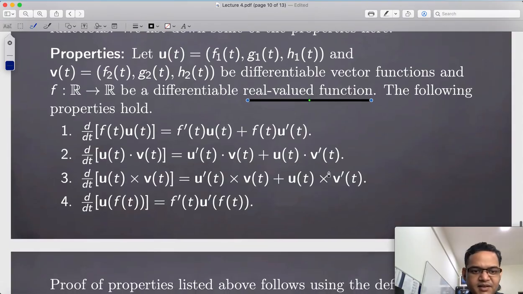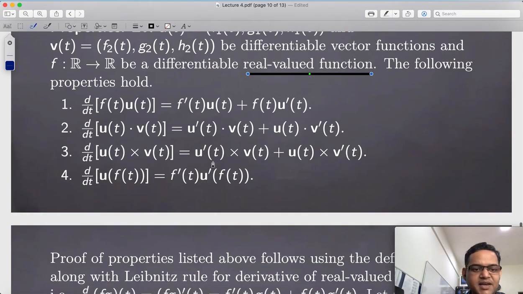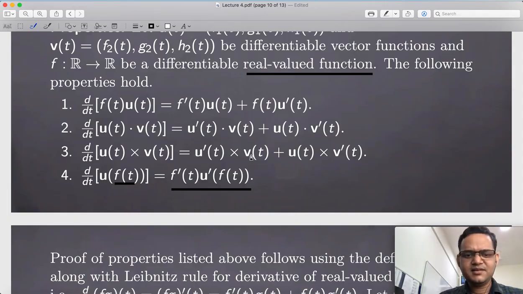Similarly for the cross product, this side you have a vector, and this is the derivative of a vector valued function. You will get u prime cross v, plus u cross v prime. And then there is the chain rule: if your t is varying according to some given function and you want to take the derivative, this will be the chain rule for the vector valued function.